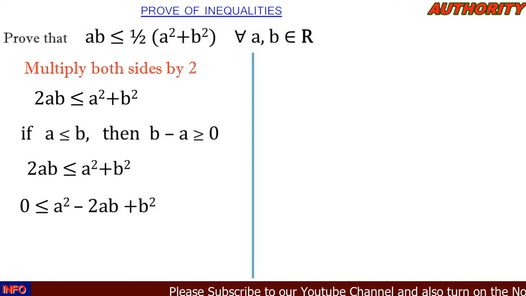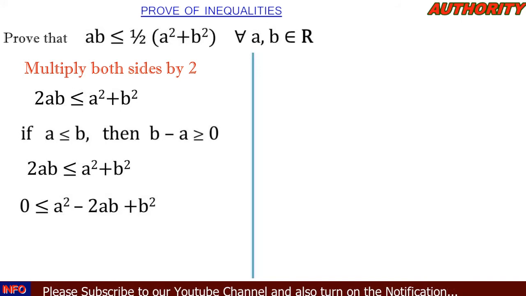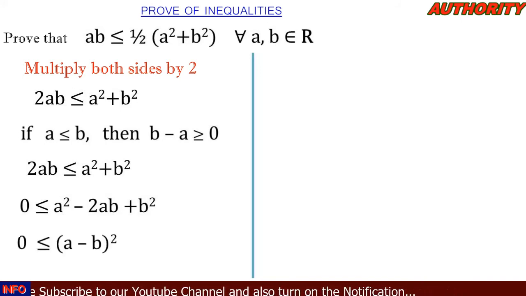So what can we do now? Please pay attention. We have a squared and we have b squared, so we can actually pick these terms together. We have a minus b in bracket squared. This is what we call completing the square.